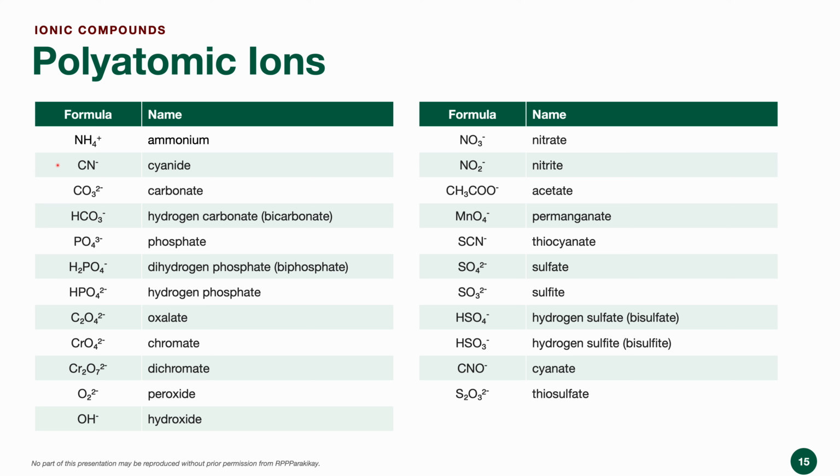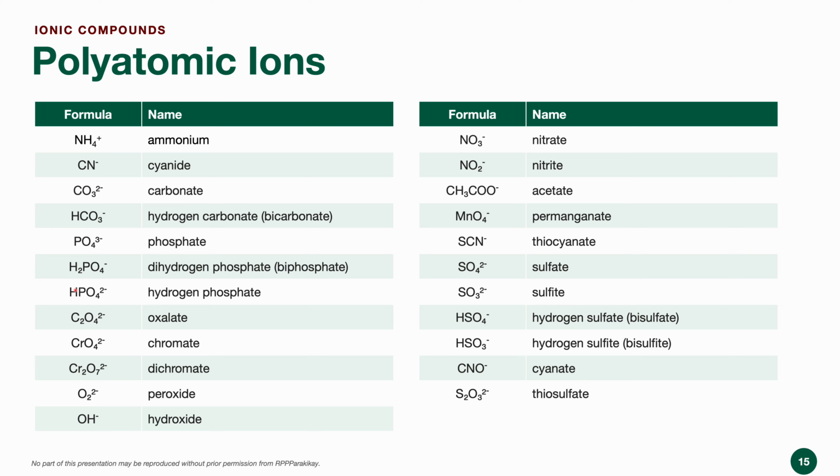For example, carbonate, CO3 2-, and hydrogen carbonate, HCO3-. So they are just one hydrogen away. The same with phosphate, PO4 3-, and its mono and dihydrogen forms. So we have dihydrogen phosphate and hydrogen phosphate.